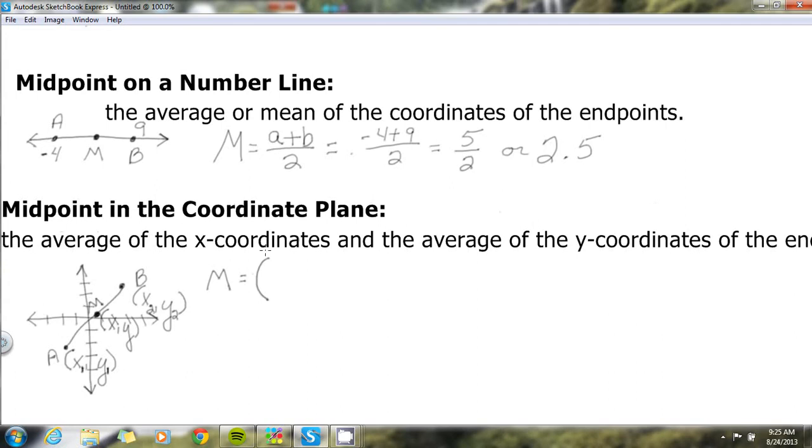The x coordinate of M is going to be the average of the x coordinates: A's x coordinate, x sub 1, plus B's x coordinate, x sub 2, divided by 2. And the y coordinate of the midpoint is going to be the average of the y's: y sub 1 from point A plus y sub 2 from point B divided by 2.